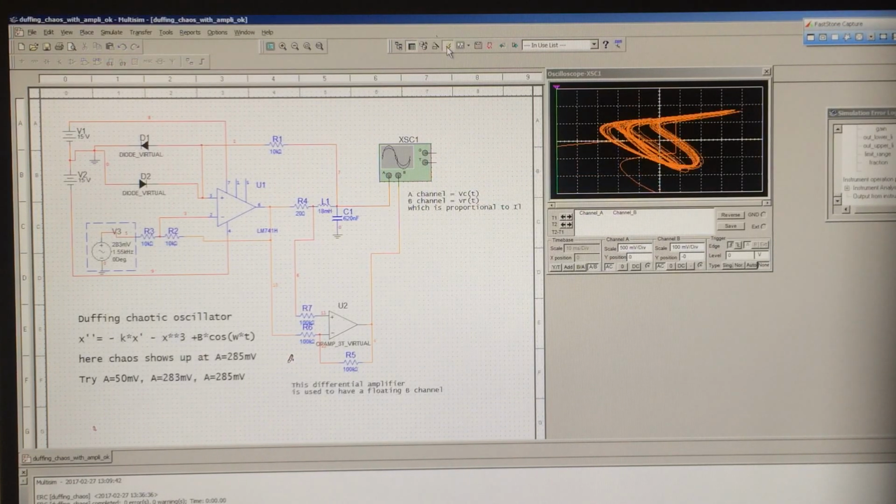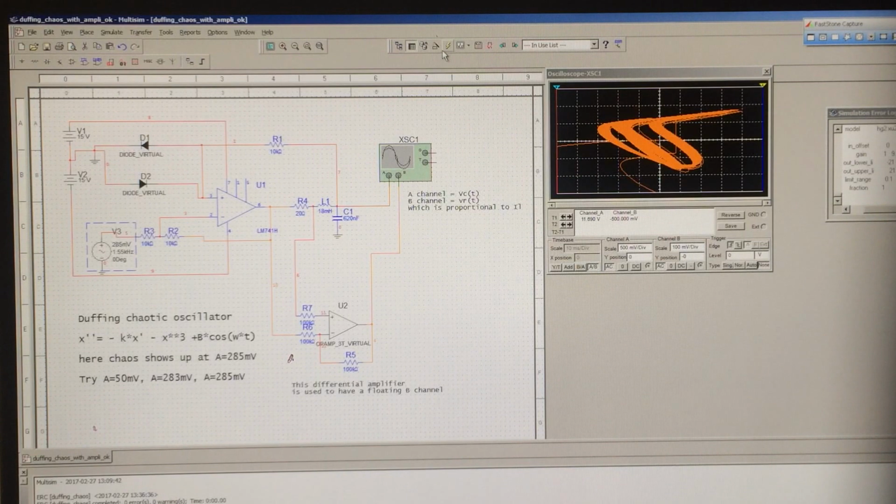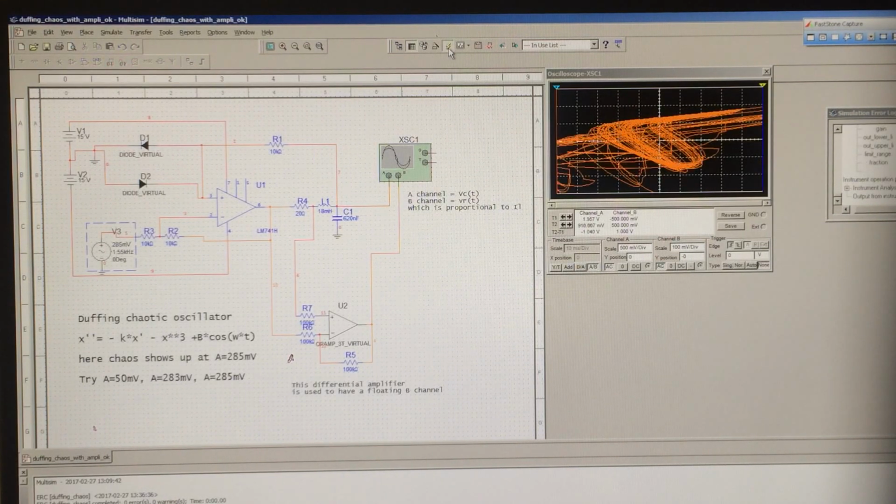Let's start again. So the picture doesn't much change. We are in, let's say, something like a stable chaotic situation. Let's go up by 2 millivolt, to 285, and launch the simulation again.